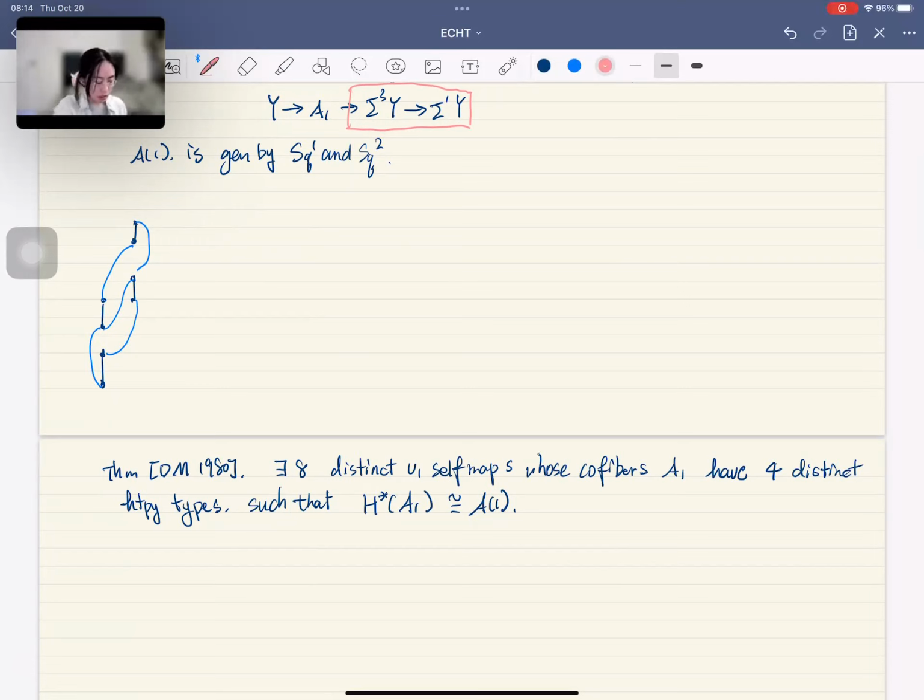So you're guaranteed to have one Sq4 action from the second cell hitting the fifth cell. And this is given by the Adem relation where Sq4 is the same as Sq2 Sq1 Sq2. And there are optional ones. I'm just gonna copy this thing.